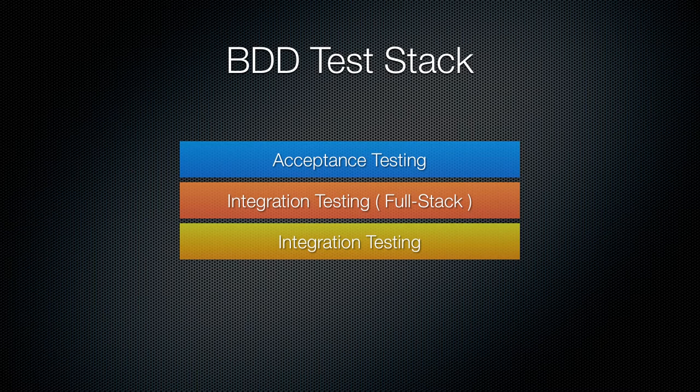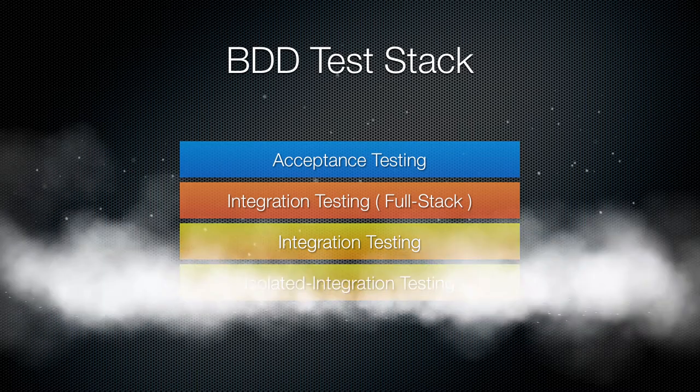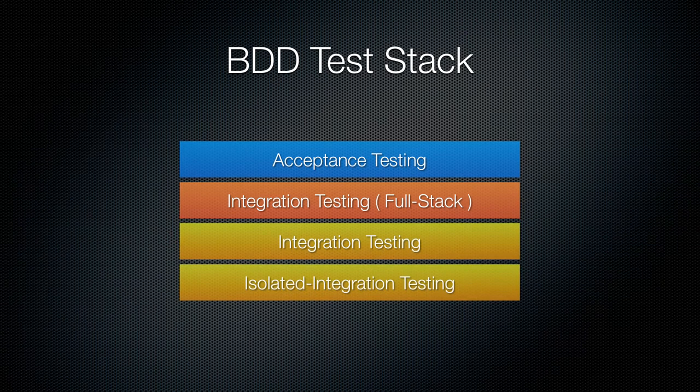So beyond integration testing, the next layer of tests that we have to deal with in BDD is what are called isolated integration tests. Isolated integration tests are usually most valuable in terms of identifying exactly which integration point has failed.